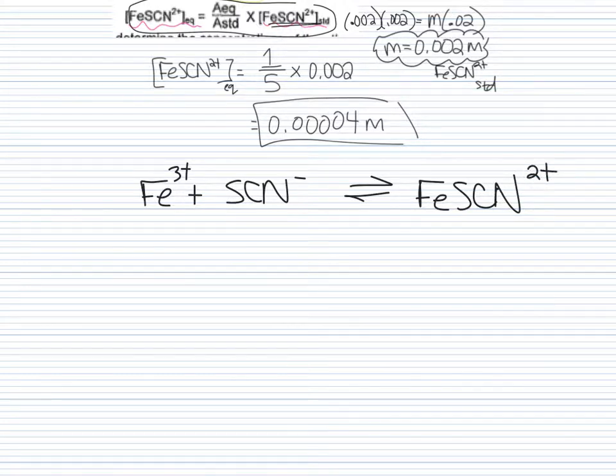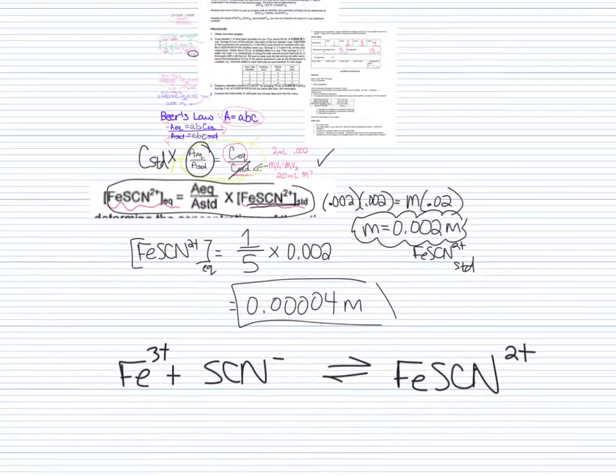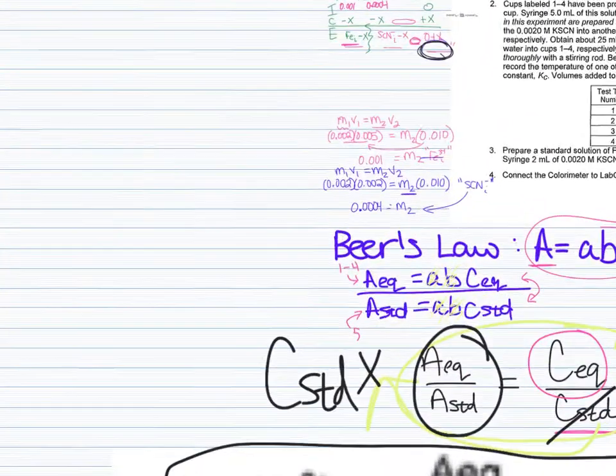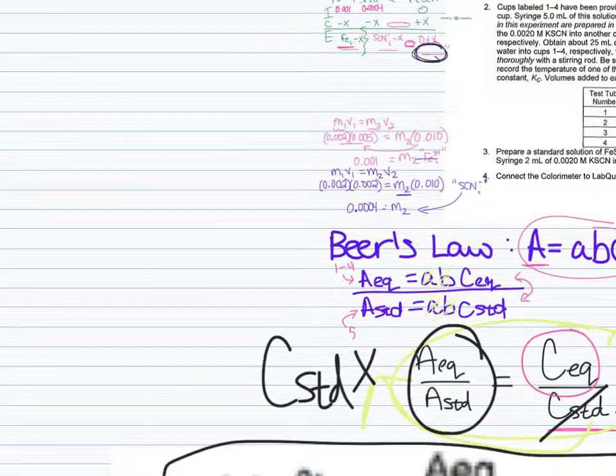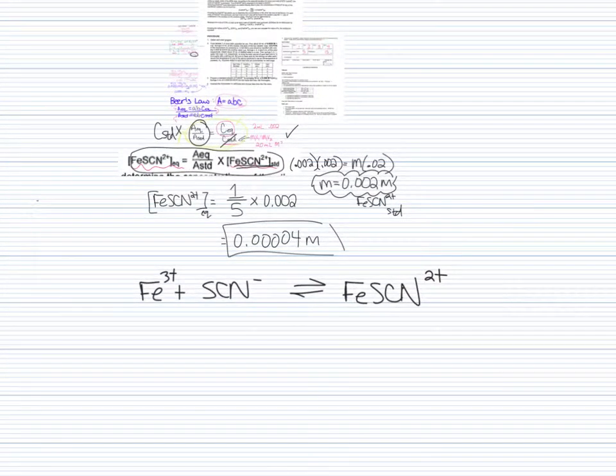We've already determined that initially, using my M1, V1, M2, V2, I had 0.001 and 0.0004.